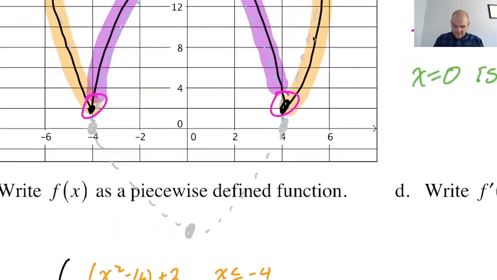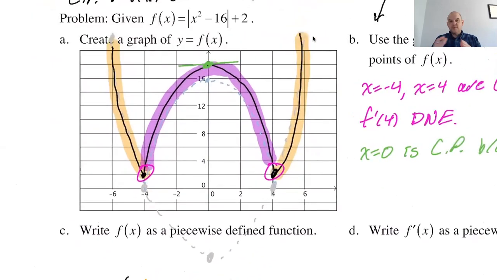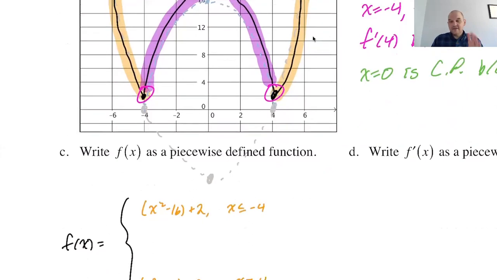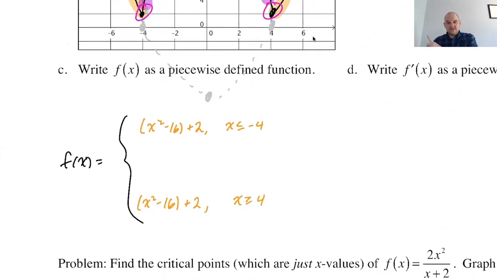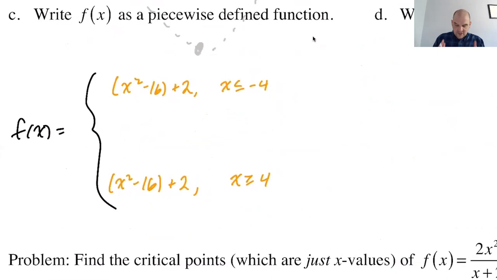And then what is happening in between? In between, because x squared minus 16 by itself is negative, the absolute value is the opposite of that. So it's negative quantity x squared minus 16. I think it's probably better to write 16 minus x squared, and then plus 2, between negative 4 and 4.